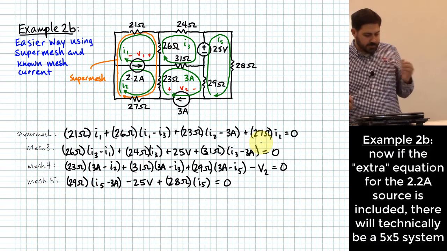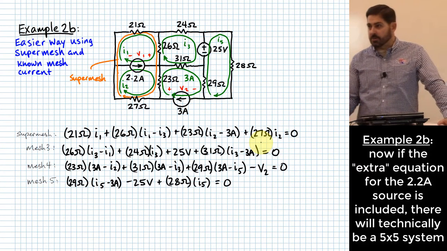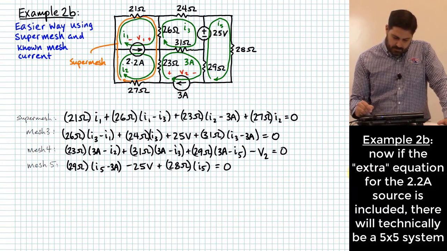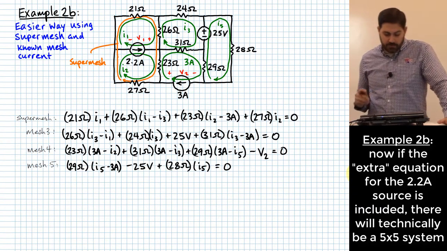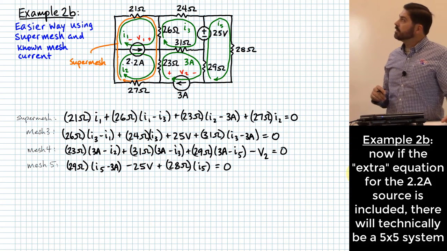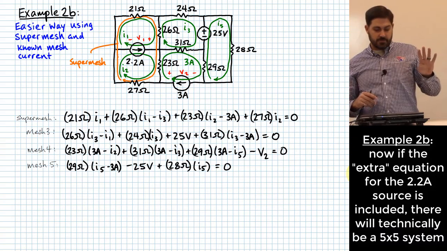Okay, now let's take stock again. How many equations, how many unknowns do I have written right here? Right now, I've got 4 equations written in, okay, I've got I1, I2, I3, I5, and V2.